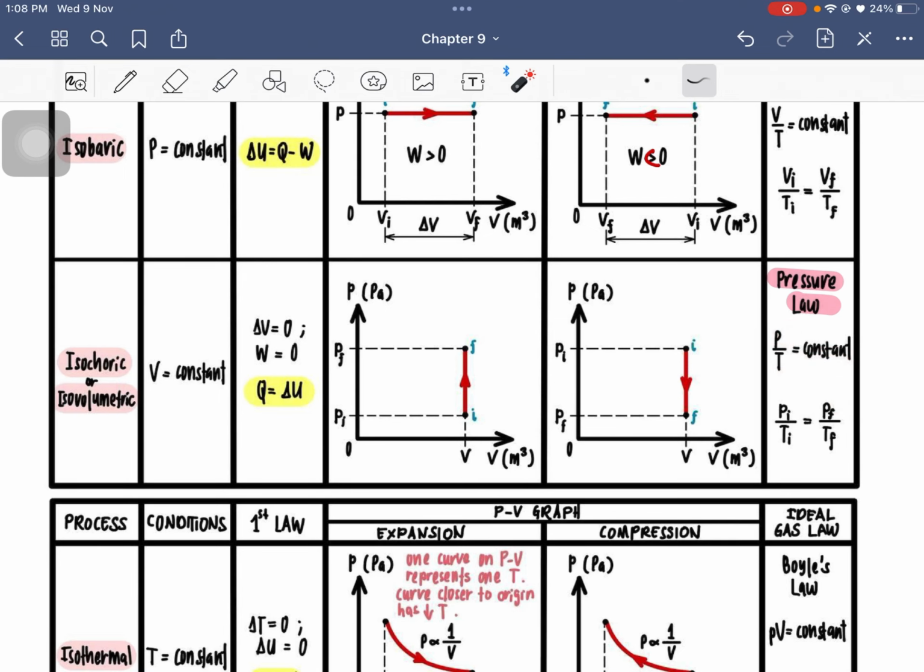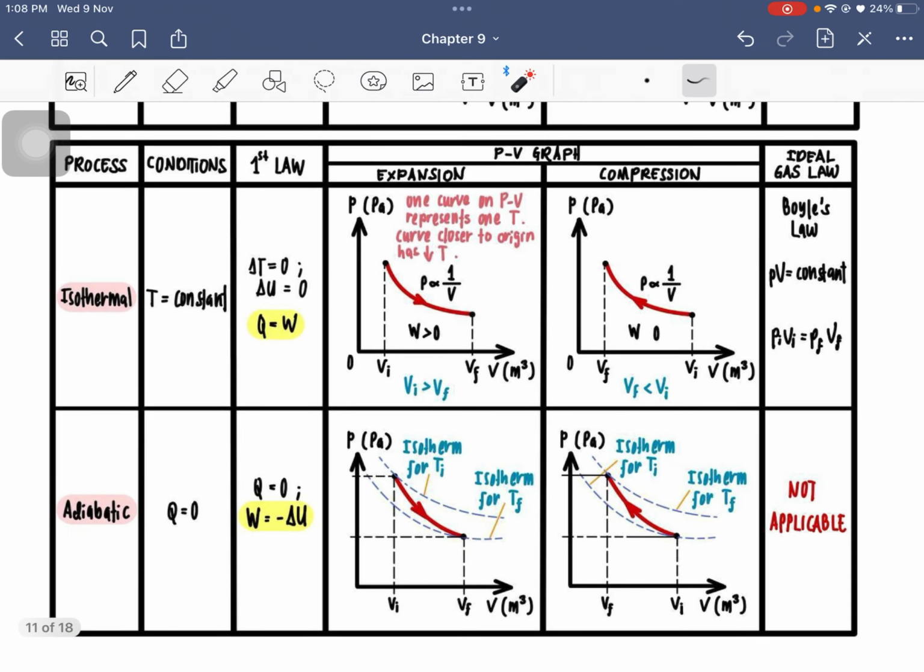Next, we have isothermal, where the temperature is constant. For the isothermal process, when the temperature is constant, there is no change in the internal energy, because internal energy depends on the temperature. So delta U equals 0, and the first law becomes Q equal to the work done.